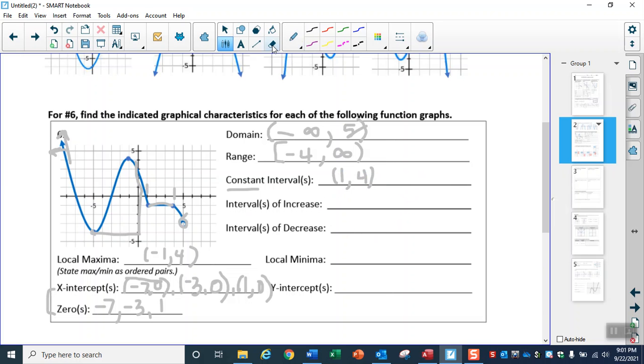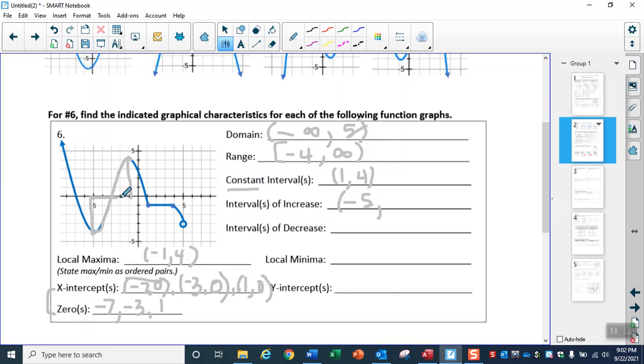And the interval of increase, let me erase because it's getting pretty messy here. So increasing as I go left to right, I'm going down the slide. Now I'm going up the slide, right? And then these are my turnaround points, my stationary points. All right, so I'm going to go up to see what that x value is. When I'm doing the intervals, it is the x values. So that would be -5.